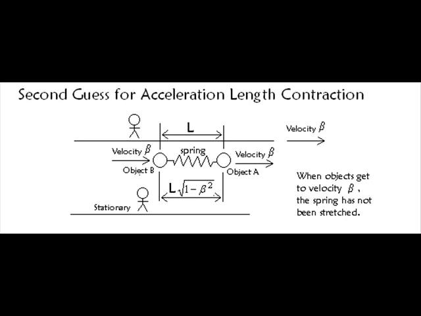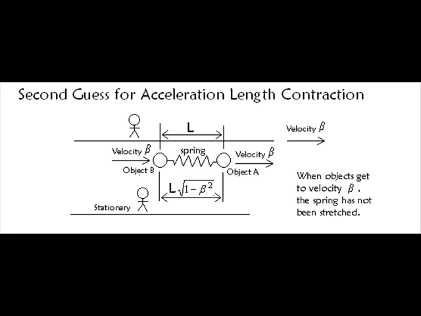If we go back to the view of the acceleration experiment, where the two observers are watching the objects as they have just achieved velocity beta, what we see is that the observer traveling with velocity beta sees object A and object B appear stationary in his reference frame simultaneously and a distance L apart.